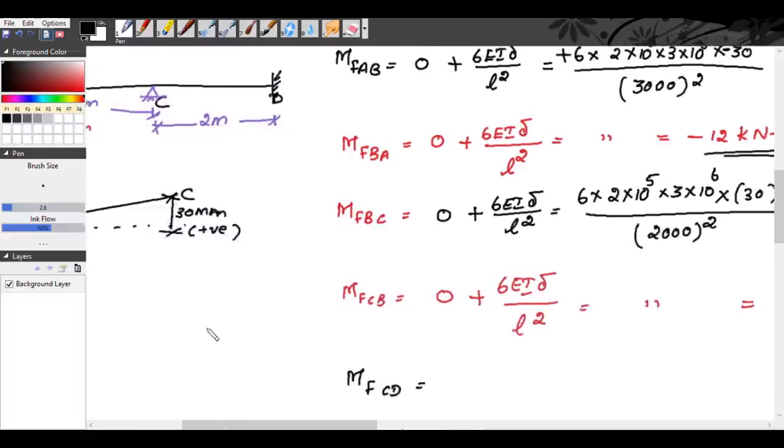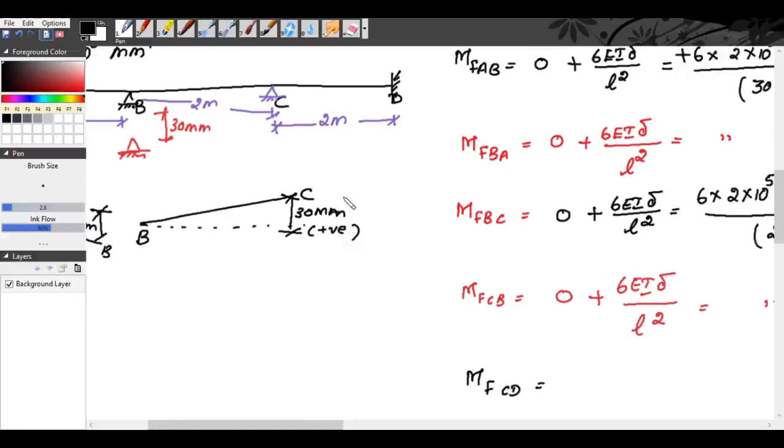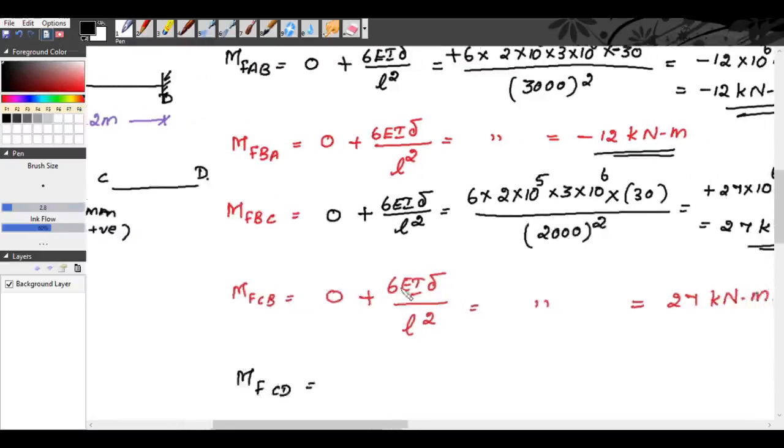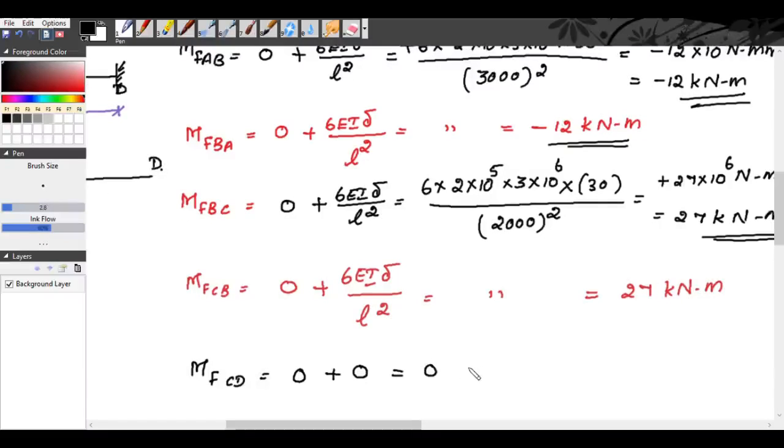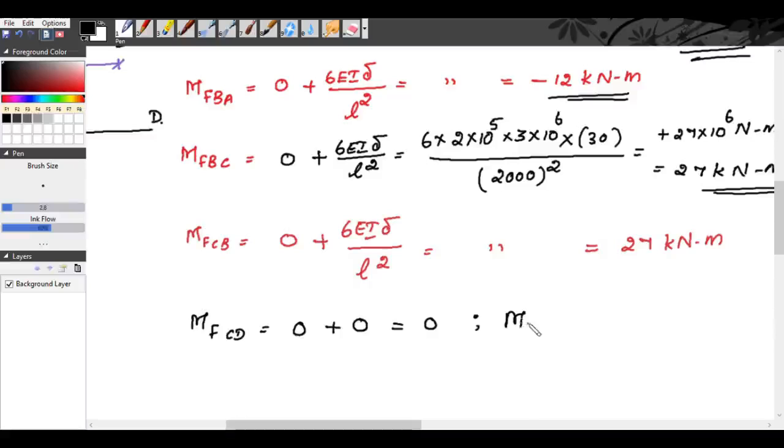So CD is like this, right? There is no sinking of supports in the span CD. That means your fixed end moment due to external loads is 0 and the fixed end moment due to the sinking of supports is also 0. So MFCD is 0. Similarly, our MFDC is also 0.